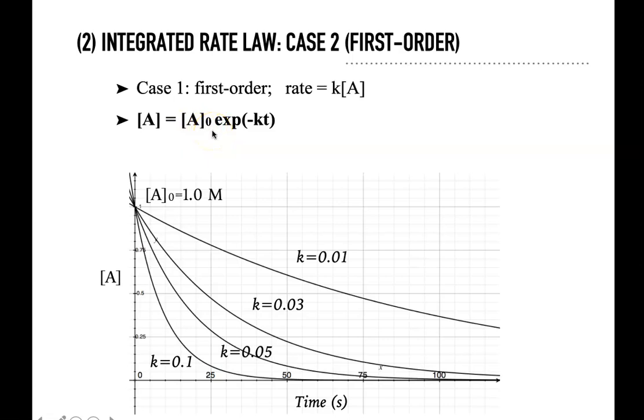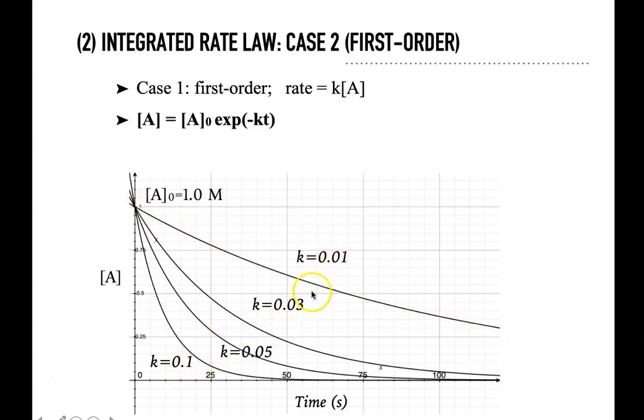When you draw the graph of concentration as a function of time with different k values, 0.1, 0.05, 0.03, 0.01, they all follow the exponentially decreasing profile, but more rapidly when k is higher. A decreases more rapidly when k is higher, and less rapidly, more slowly, when k is smaller.